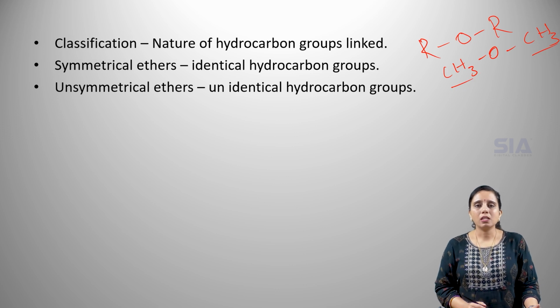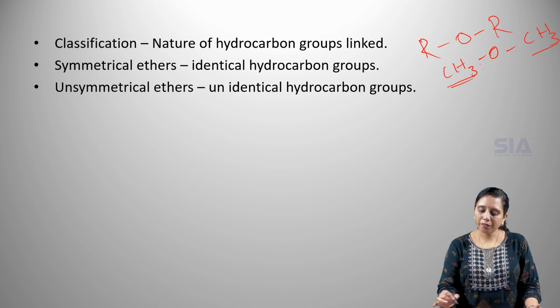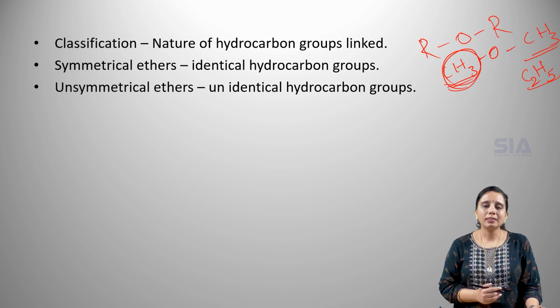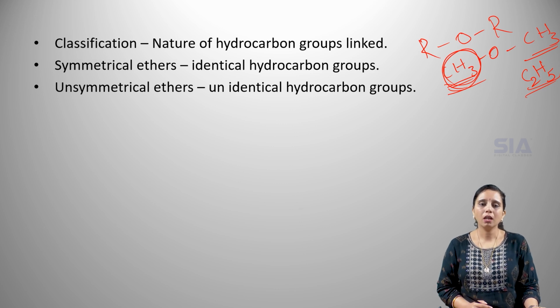If there are different alkyl groups, like methyl on one side and ethyl or propyl on the other, those ethers are called unsymmetrical ethers. That means non-identical alkyl, aryl or vinylic groups are present.